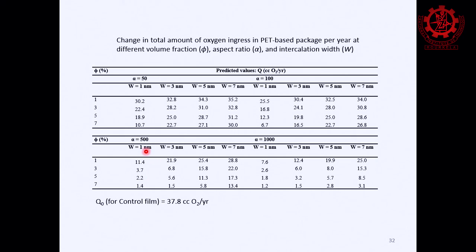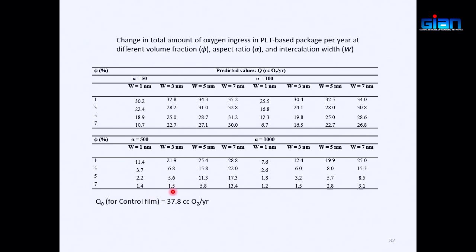So if you have no aggregation, like a perfect distribution of nanoplatelet, which is W equal to 1 nm, and then a percentage loading of about 5 to 7% nanoparticles, and an aspect ratio of 1000, then you would have such a low amount of gas being transmitted into your package compared to this.